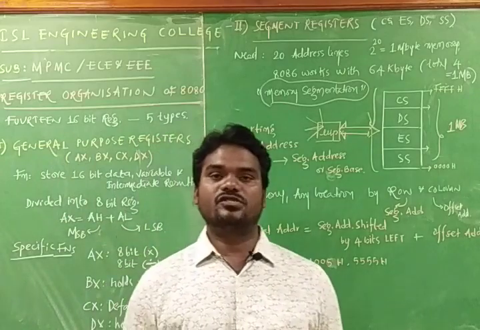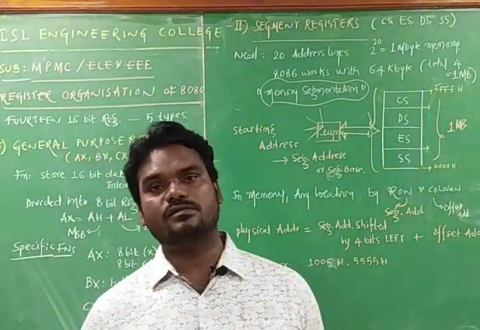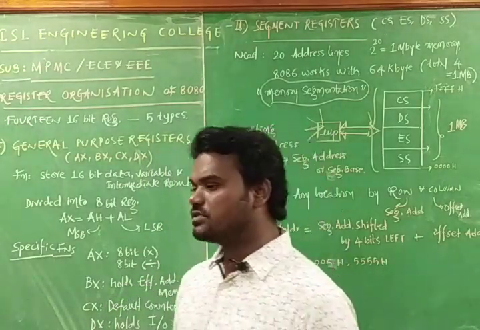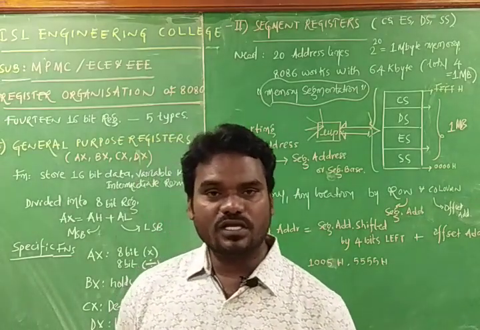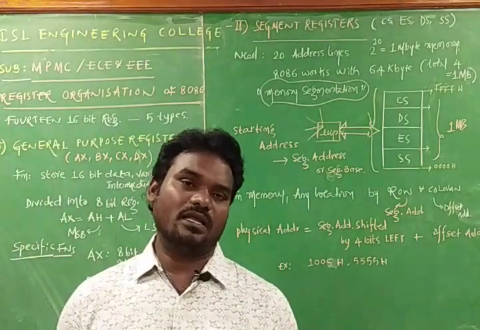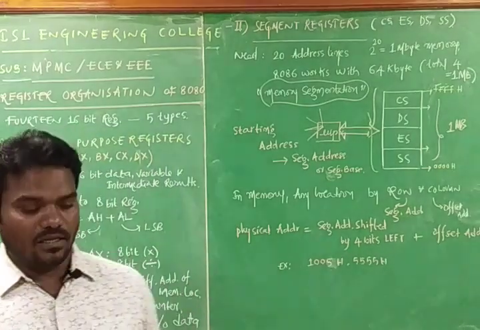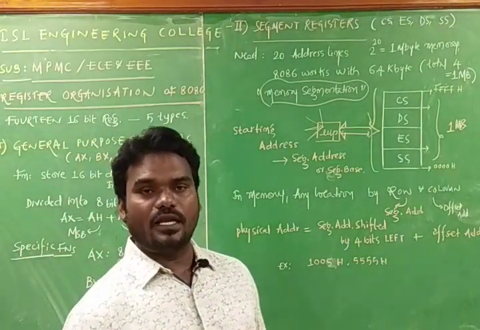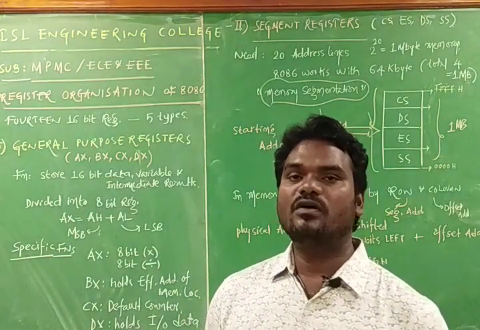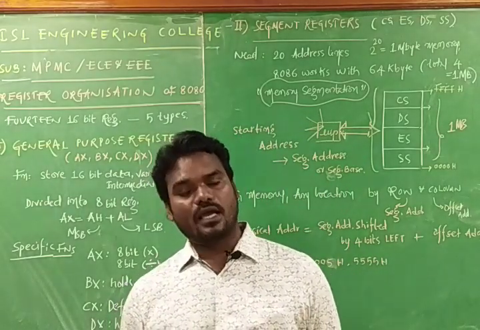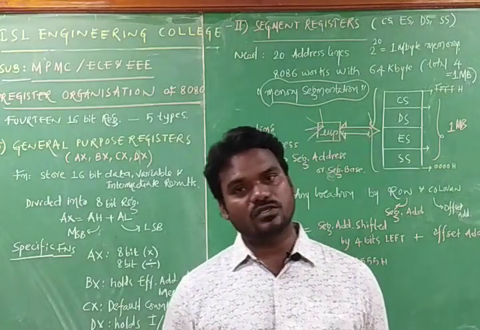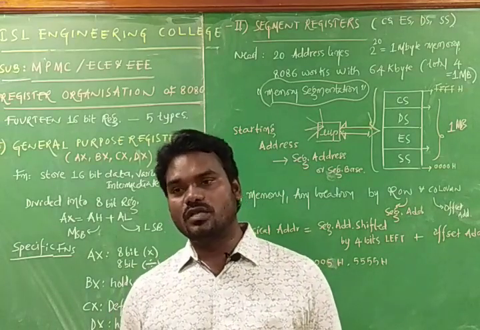First, the execution unit tells the BIU, the bus interfacing unit, from where it has to fetch the instruction, that means from which memory location of the outside memory. Second, after fetching, using a decoder, it decodes that instruction. After that it executes the instruction.